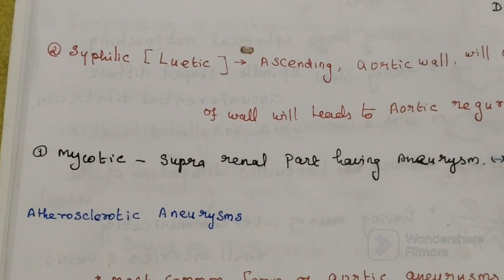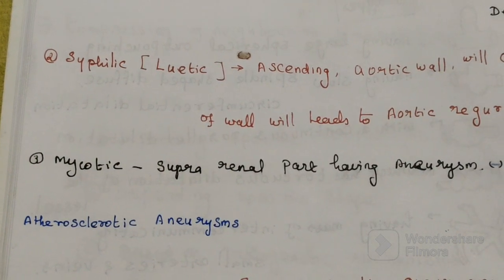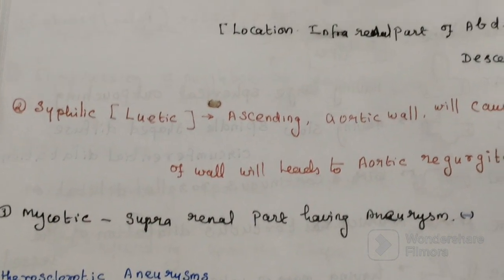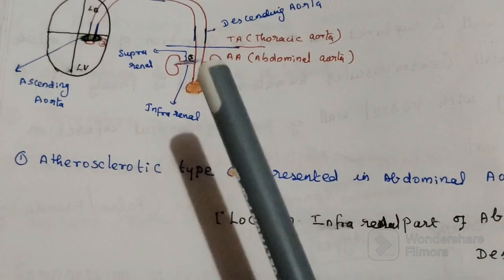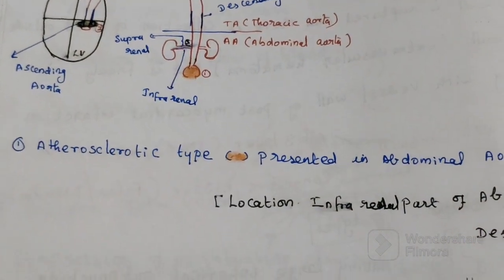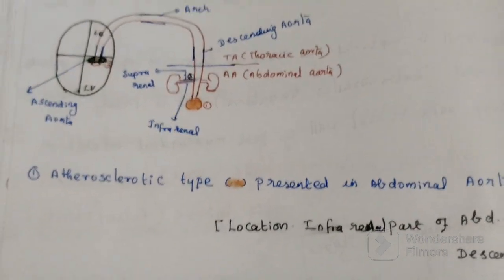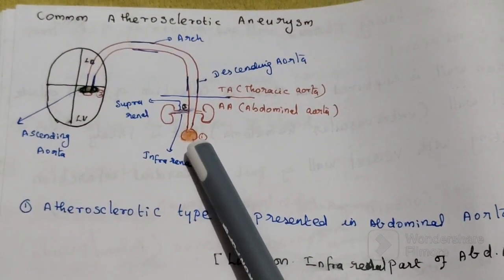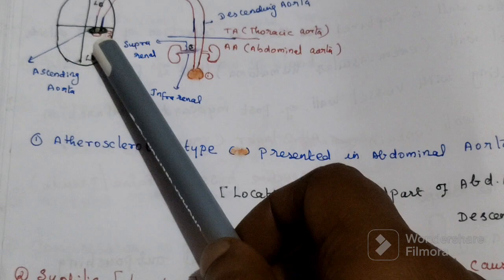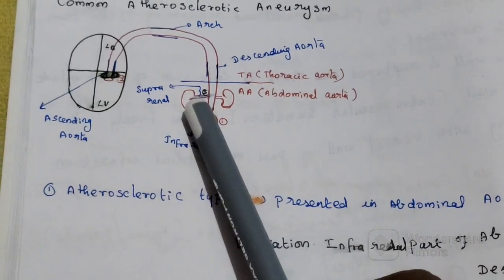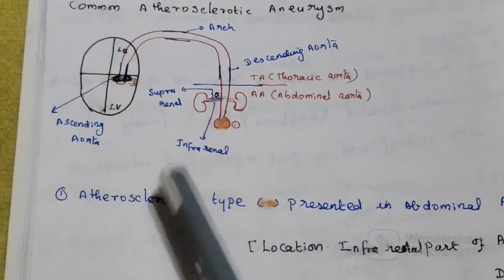Then third one is mycotic, suprarenal part. It will affect that suprarenal part having aneurysm. So three types. Here atherosclerotic, here syphilitic, this one is mycotic.